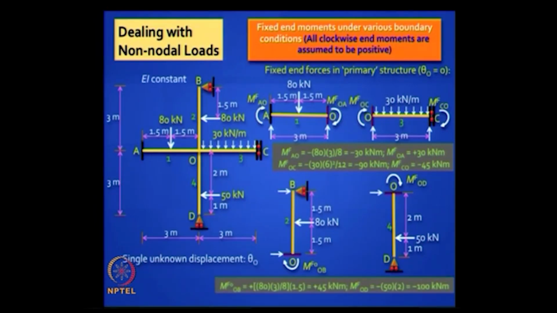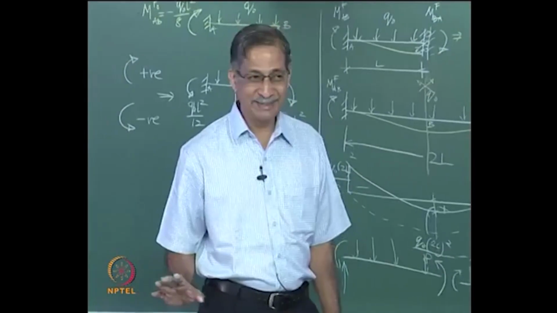So 1.5 times WL by 8, and it's positive because you have to rotate it, and then you'll realize why it's positive. Got it? Is it clear? Isn't it positive? Do you have a doubt on that? Is it crystal clear or not?